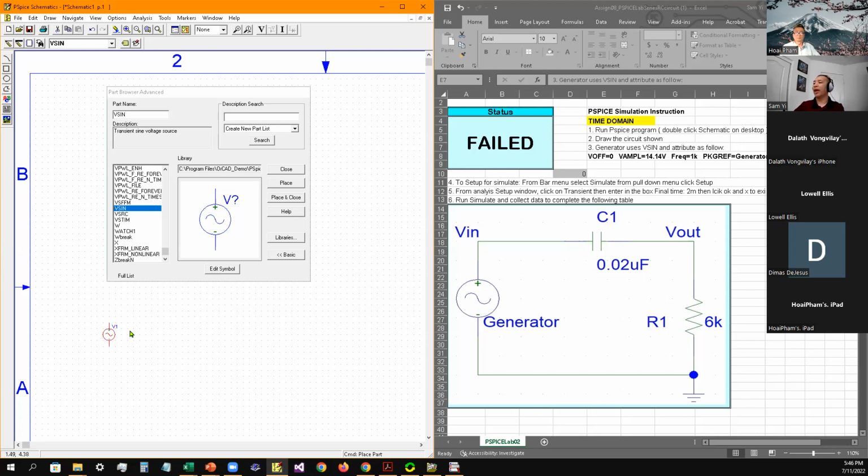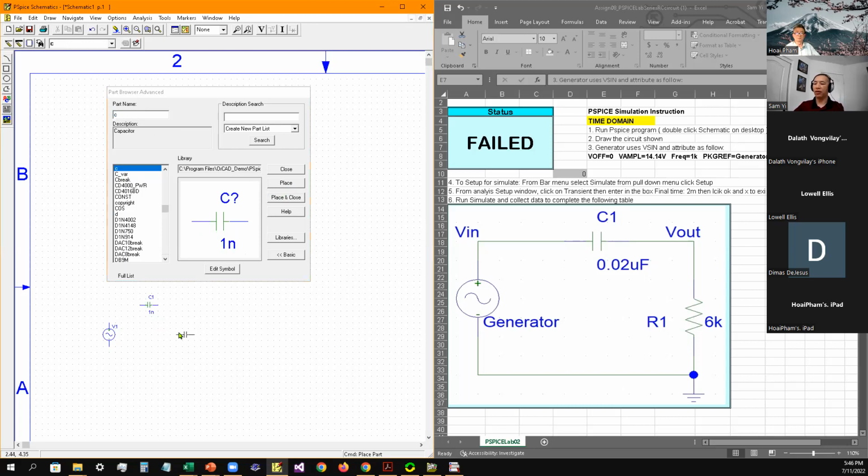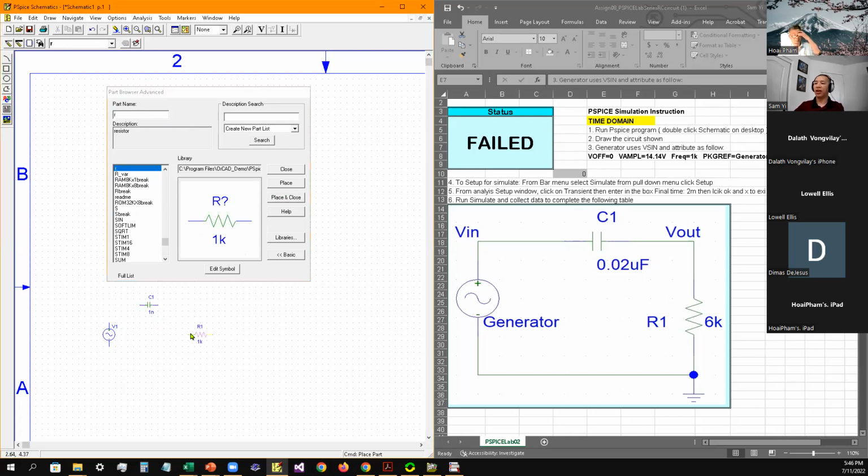Now choose the next component, C for capacitor. Come back up to the part name, type C, and that's the capacitor. Place, put it there, and right click to exit. Choose the next component, resistor, place, put it there, right click.